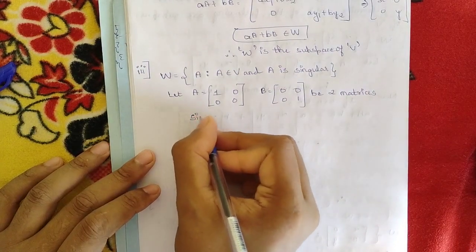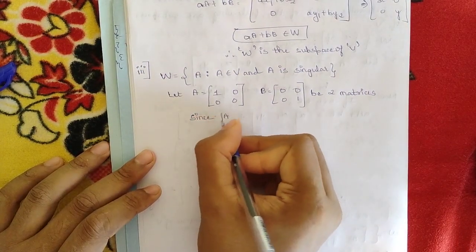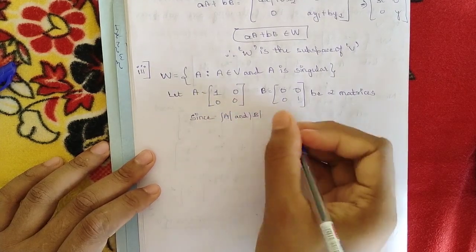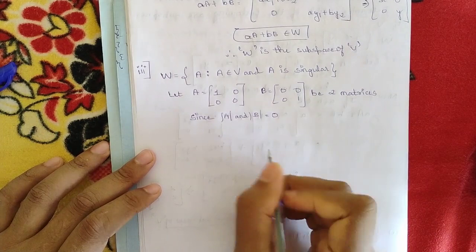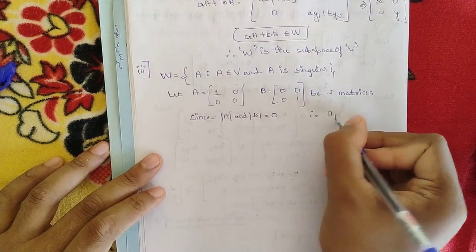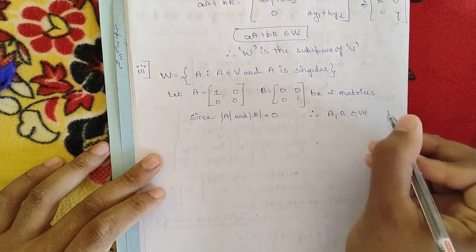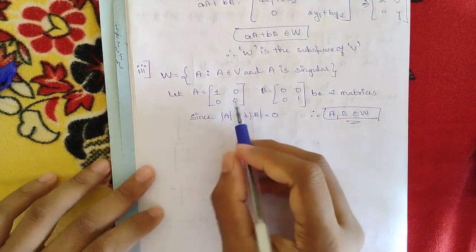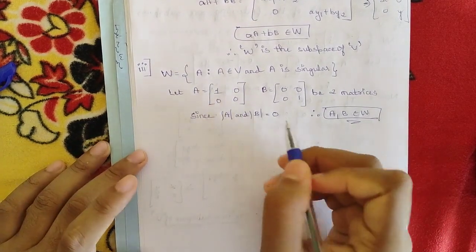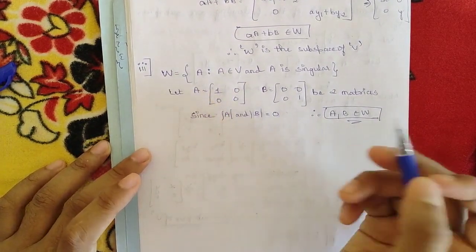Since the determinant of A and B, if we take it, we would get this equal to 0. So we can first conclude that A, B belong to the set W. Because if you take the determinants of A and B separately, you would get the answer 0, because we have only one nonzero term, and the rest of the three terms are 0.